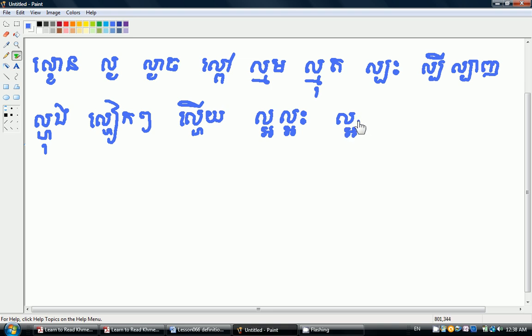The ink's kind of too thick. And then the next one would be just 2 goals. Okay? And we have ro here, which is silent. Okay.